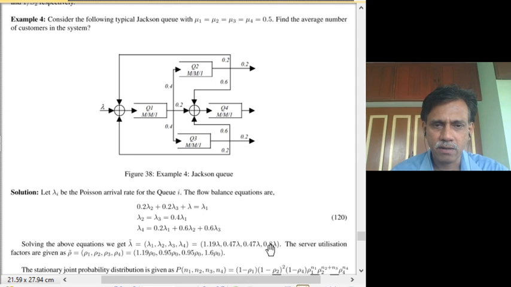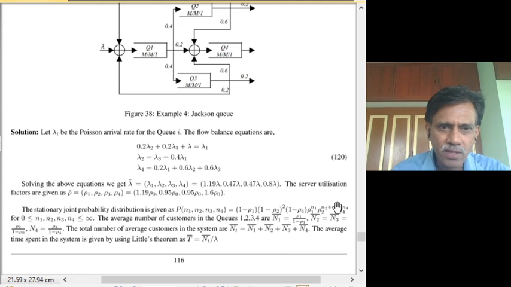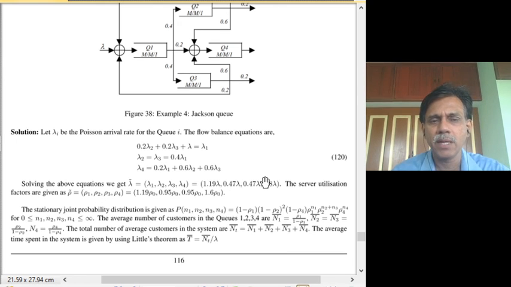Then the server utilization factor can be found by dividing by mu, which is 0.5 common for all. So you get rho 1, rho 2, rho 3, rho 4 as given here.